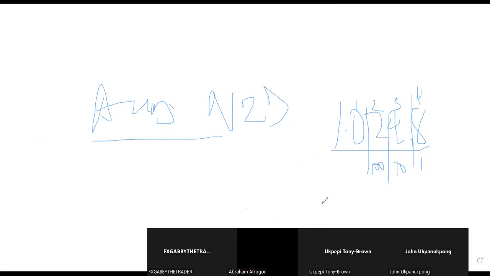So if AUD NZD is now at 1.0258, what is the pip value? How many pips did the market go up?